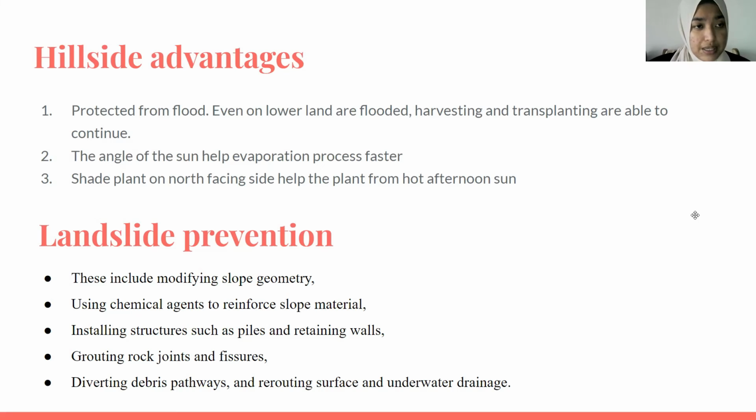As we choose a sloping area as our planting area, the high risk that we are taking is landslide. This is why we, as group members, are thinking about landslide prevention, which is modifying slope geometry and using chemical agents to reinforce slope material.